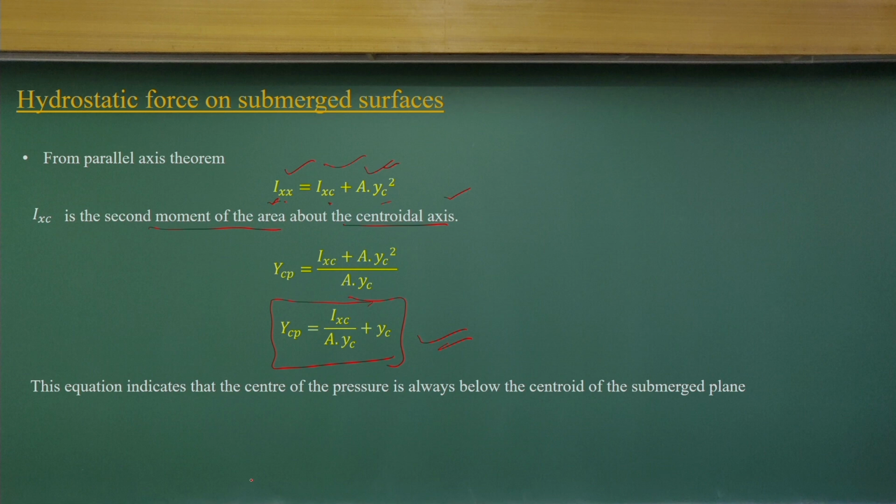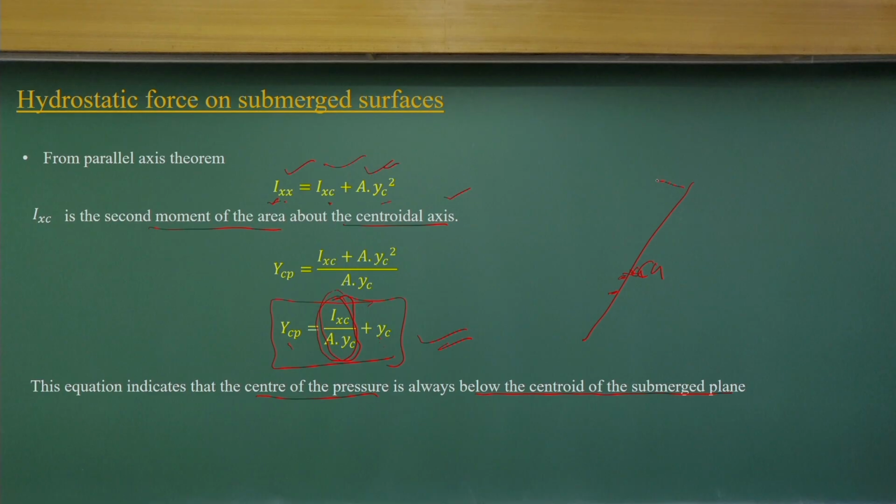Now, if you look at these equations, for any distribution you will have this additional component, and this is the centroid location YC. Well, this is the YCP. That means the center of pressure is always below the centroid of a submerged plane. If you consider a submerged plane with the CG at this point, the CP is always lower than that because of this component, mathematically.